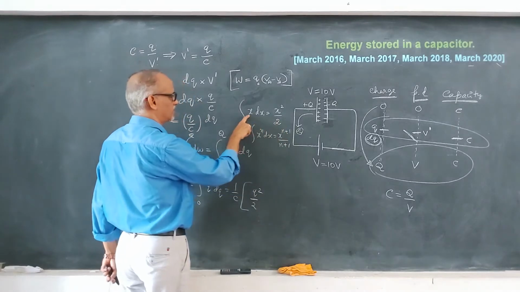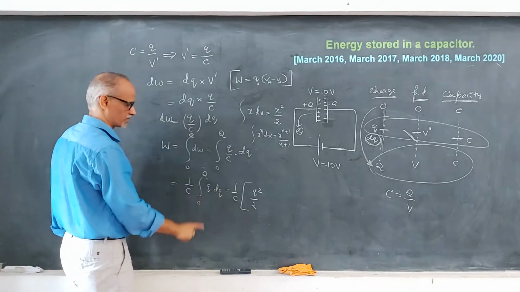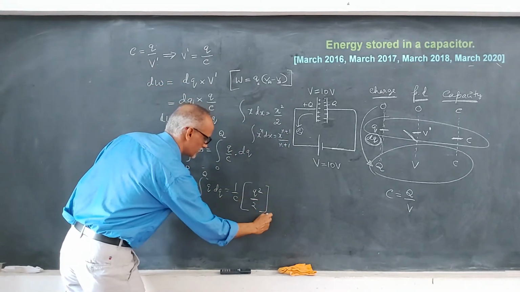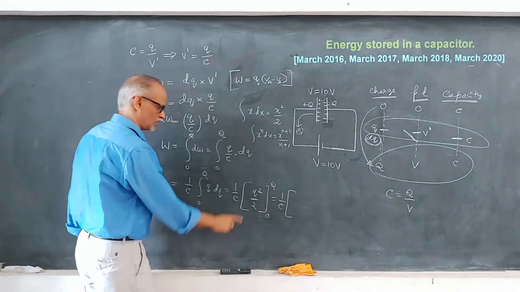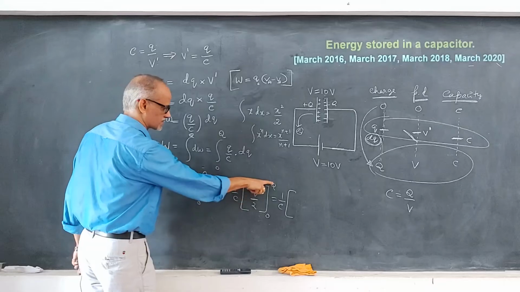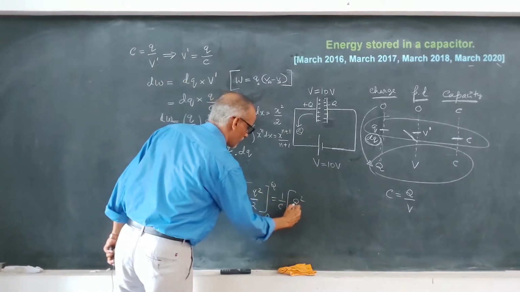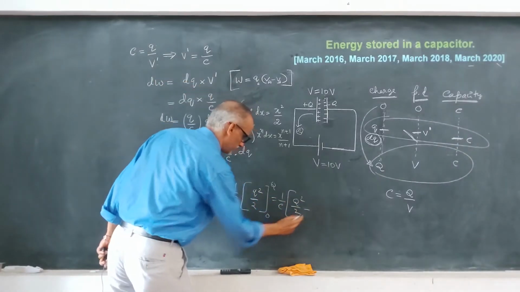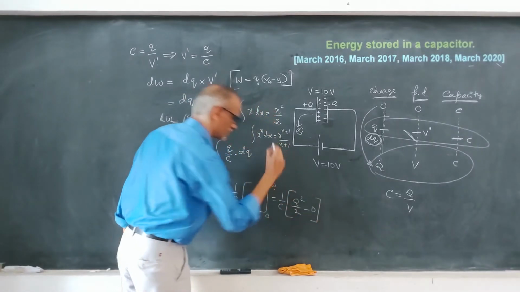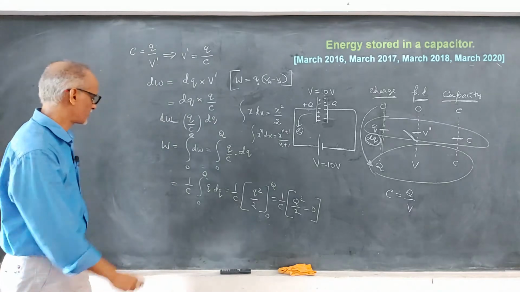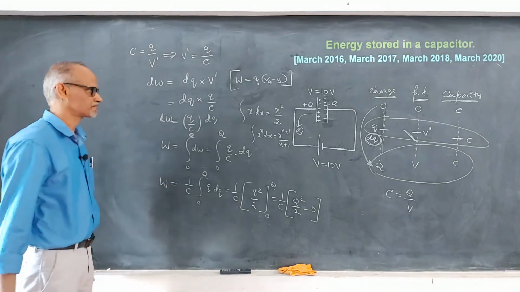This is x dx, it is Q dq, so Q square by 2, and then the limits. Now substitute the limits: replace Q by capital Q, Q square by 2, minus the other limit, which is 0. Fine, so we have found the expression for the total work done.